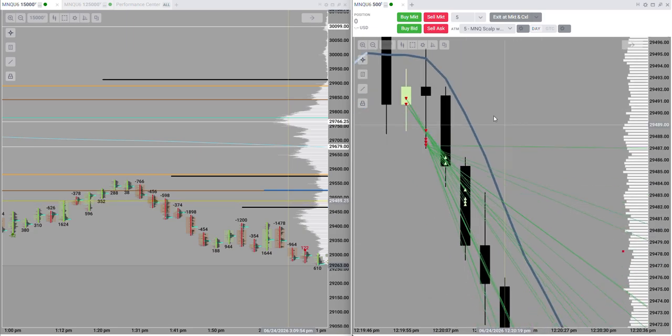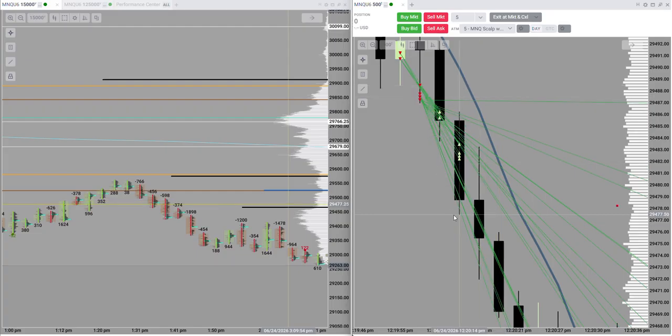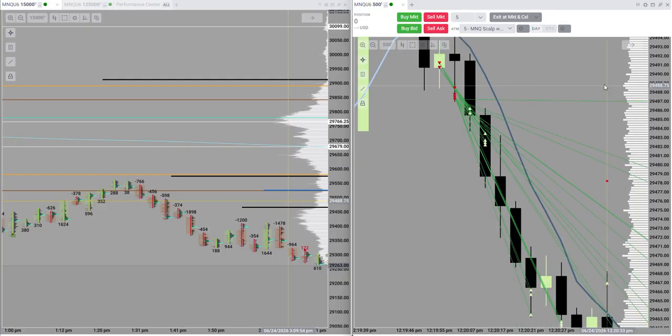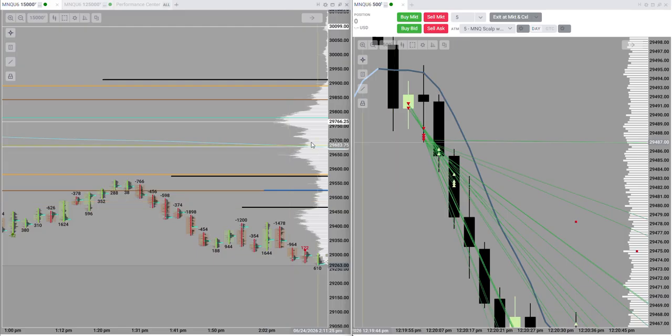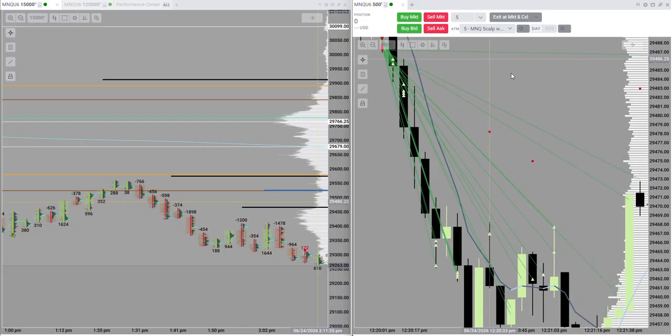Quickly. And by the time price probably got down to like here, I already had 50% of my remaining position, or 30% of my remaining position, already at break even. And by the time price got down to here, certainly my entire position was at break even. So this is pretty decent.